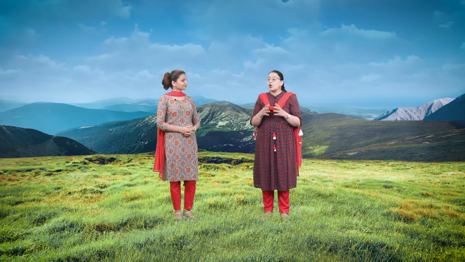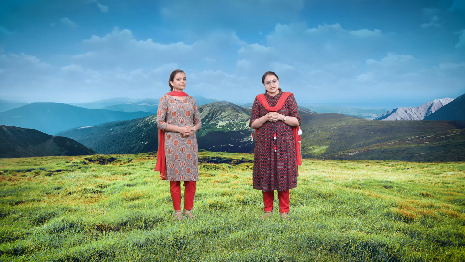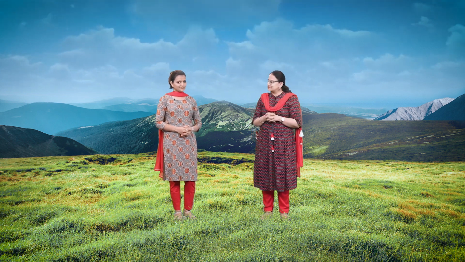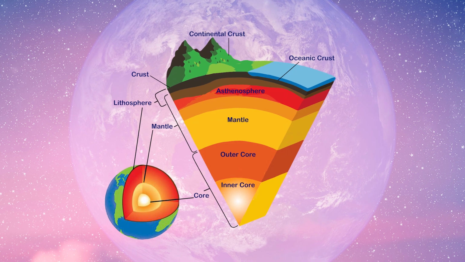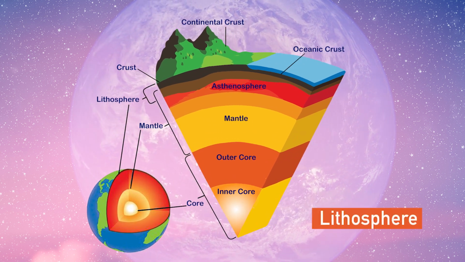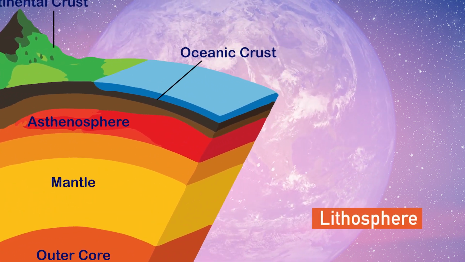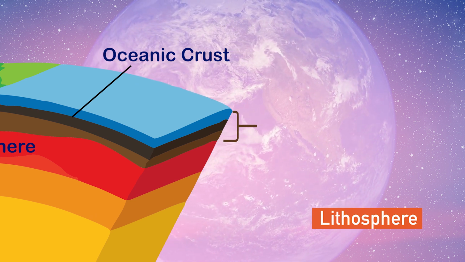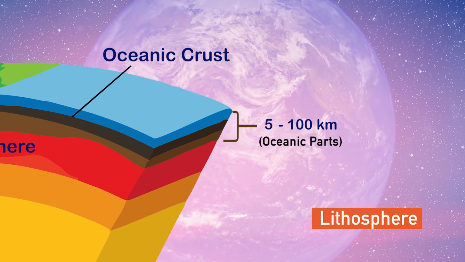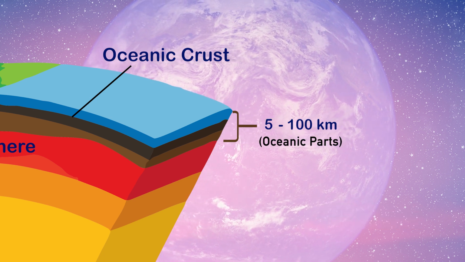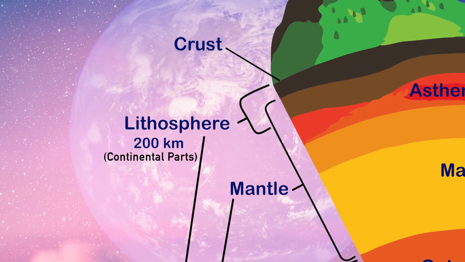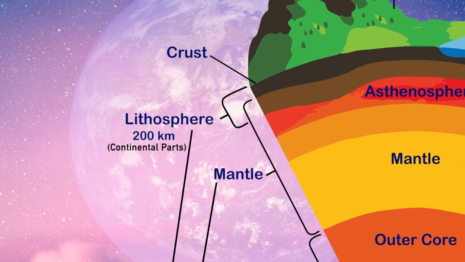We have already discussed asthenosphere earlier. As we all know, the lithosphere includes the crust and top of mantle with its thickness ranging from 5 to 100 kilometers in oceanic parts and about 200 kilometers in the continental areas.